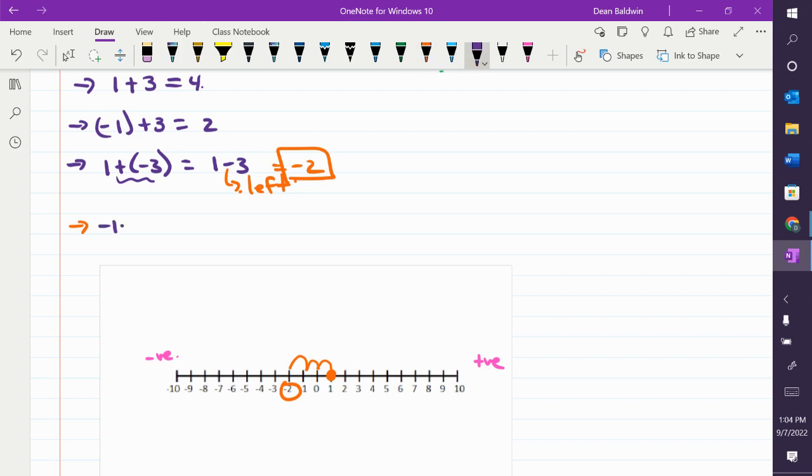Negative 1 minus 3. Anyone know what the answer is?